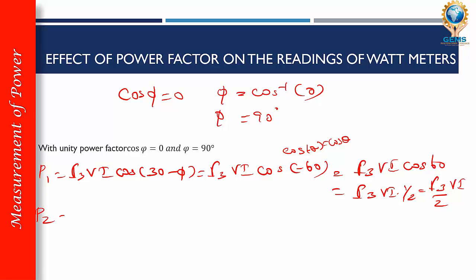Now what is P2? It is root 3 Vi cos 30 plus phi. Phi is nothing but 90. So 30 plus 90 is nothing but 120.